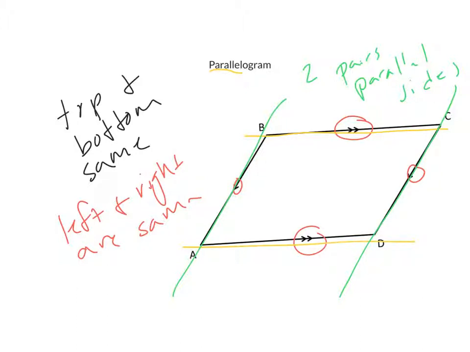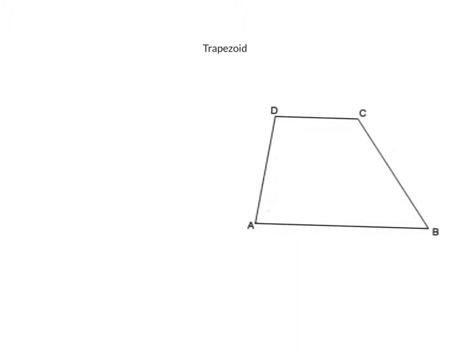Now, I kind of look at a parallelogram like I did a rhombus. It looks like a rectangle that we've grabbed these two corners and just kind of pulled them a little bit and made them not square angles anymore. Now, the next one is a trapezoid.